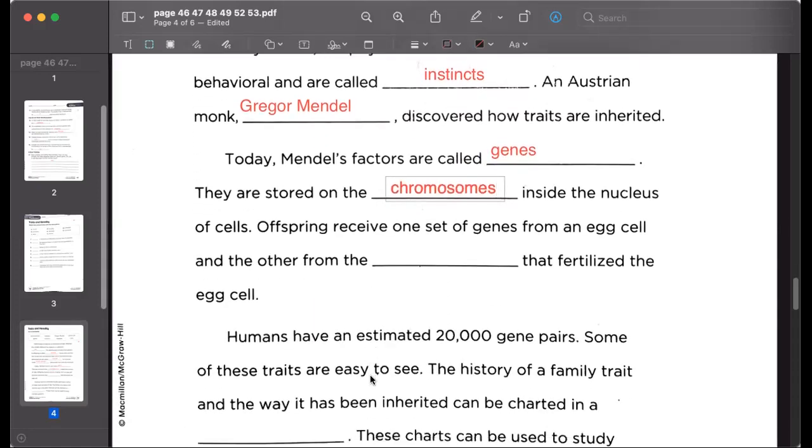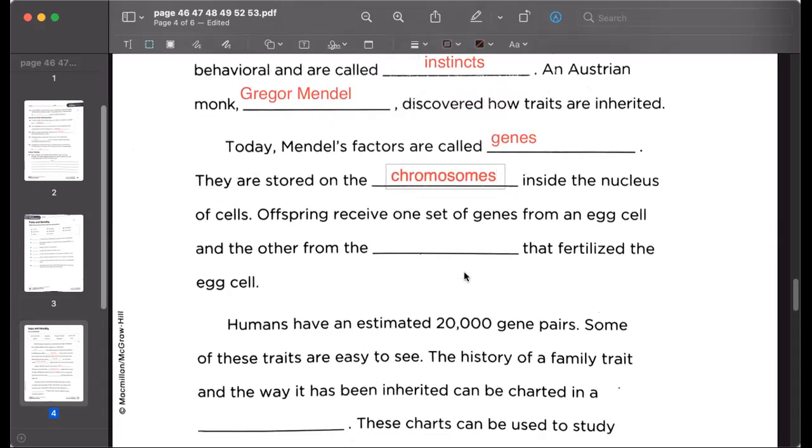The second last blank on your workbook page 49, this one, sperm cells. Sperm cells.